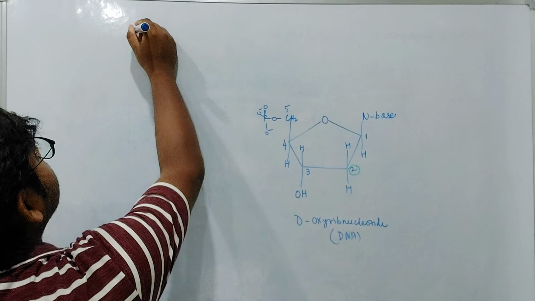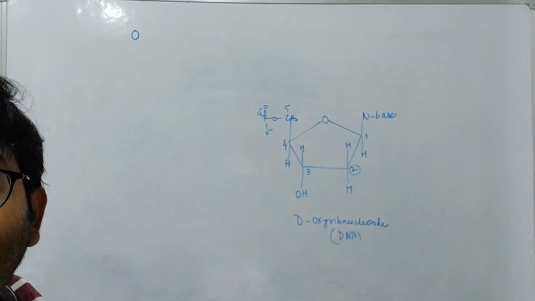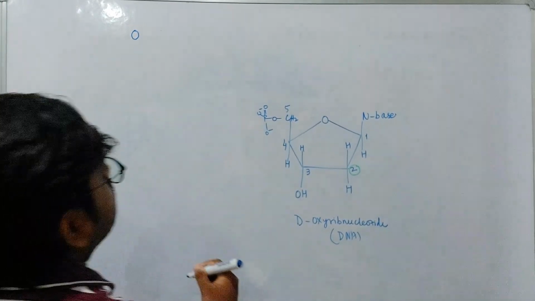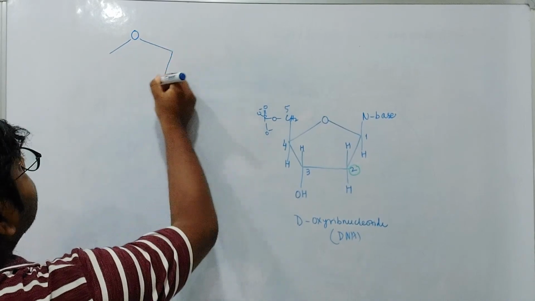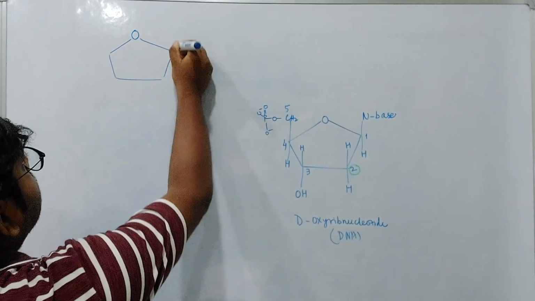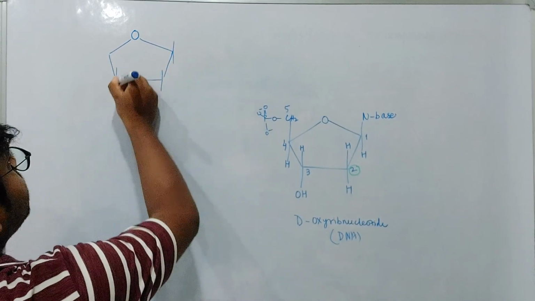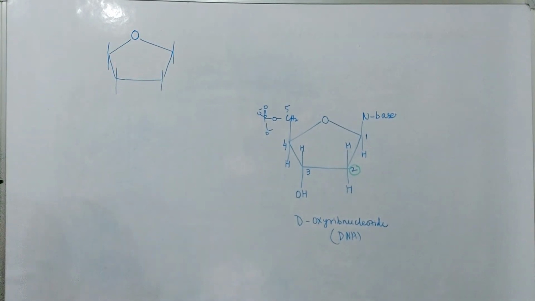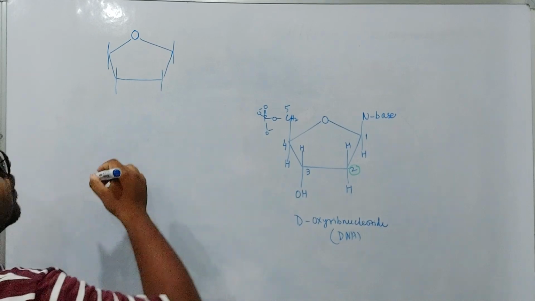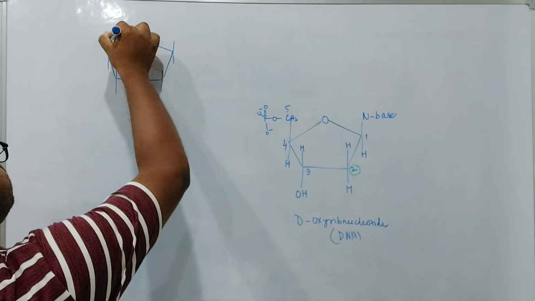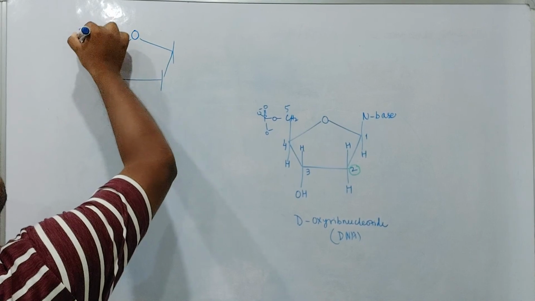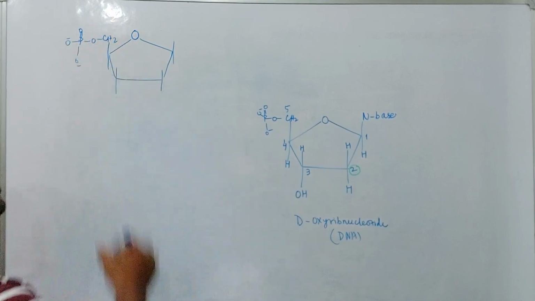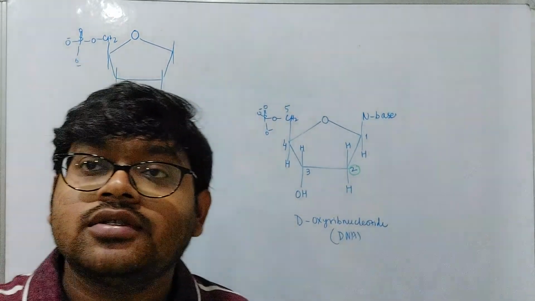Yes, still it is visible. So this is a nucleotide unit: CH2 O, P double bond O, single bond O minus, single bond O minus. That's it. This is a nucleotide unit.